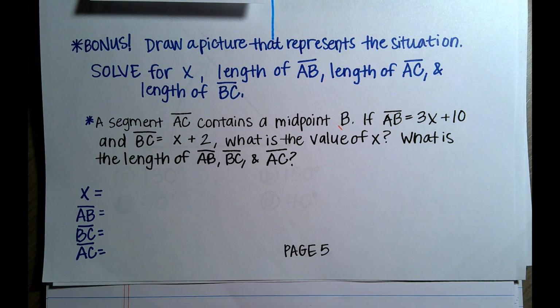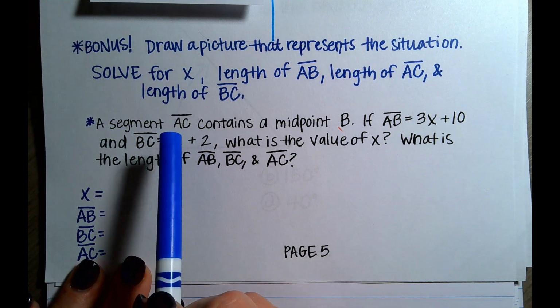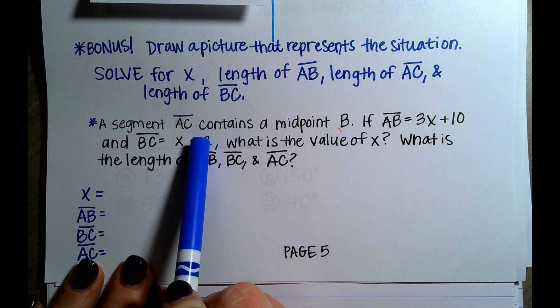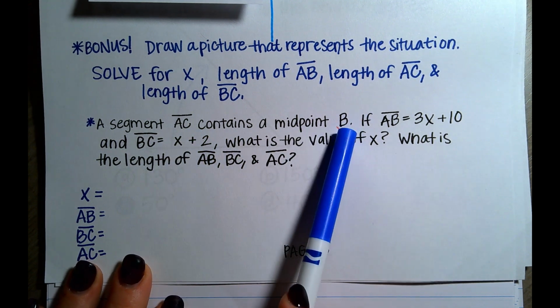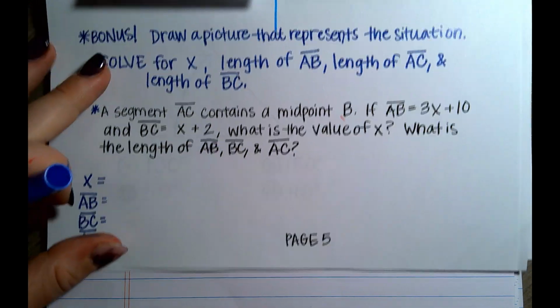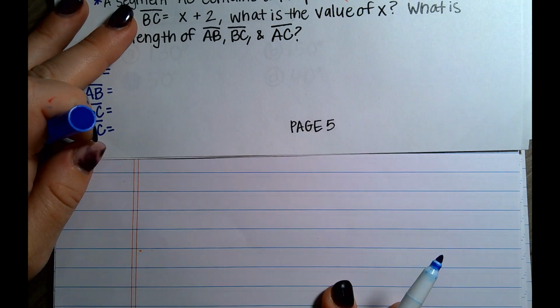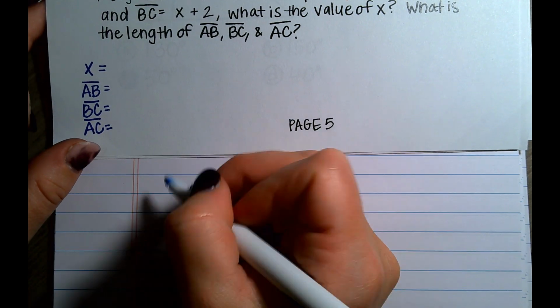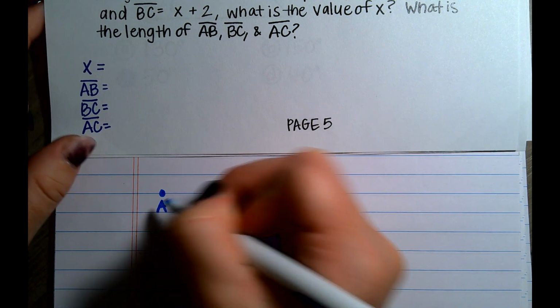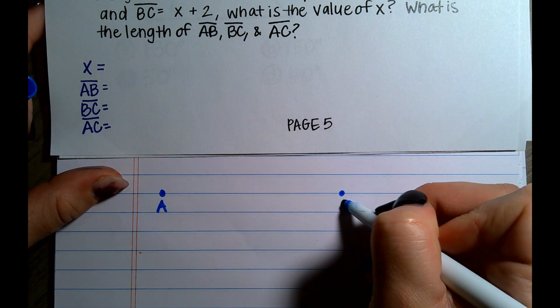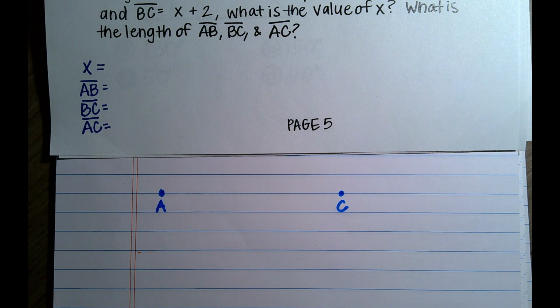So the situation is a segment labeled AC contains a midpoint B. Let's start there. That means there is a line segment with endpoints A, C. Okay? I'm going to connect these dots. That is my line segment.